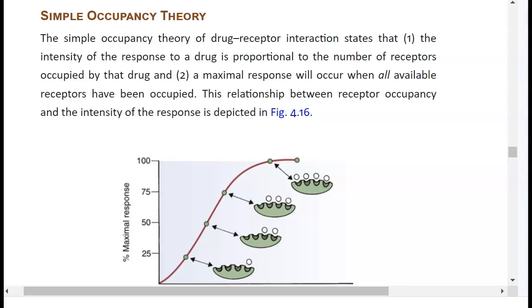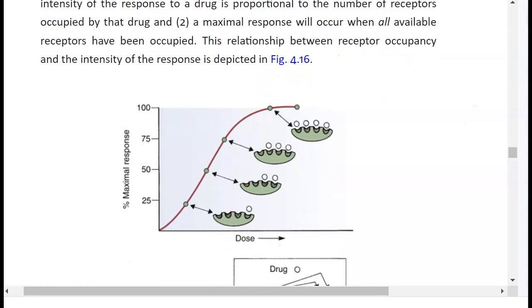The simple occupancy theory states that the intensity of the response of the drug is proportional to the number of receptors occupied by that drug, and a maximal response will occur when all available receptors have been occupied, as in here.